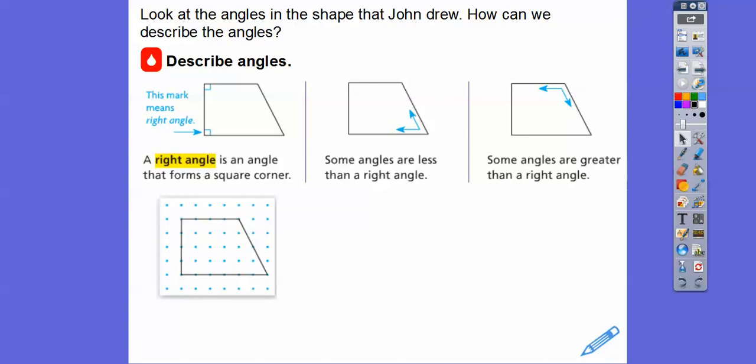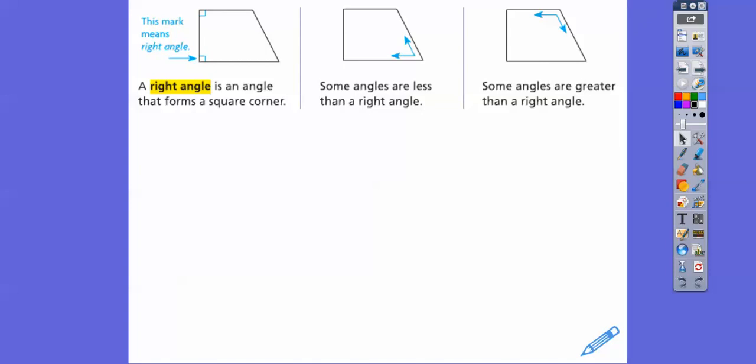We'll talk about using the corner of a piece of paper in just a little bit, because the corner of a piece of paper is a nice right angle. If you have regular printer paper or a little sticky tab, that would be a good thing to use for measuring right angles. Your classroom walls typically form a right angle.